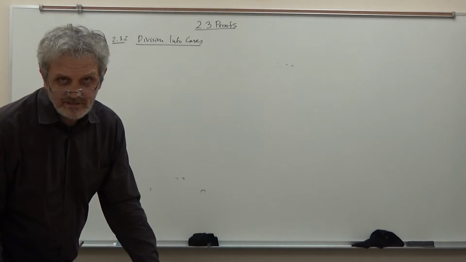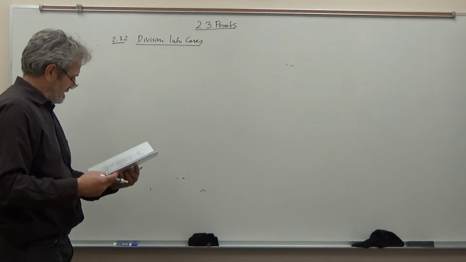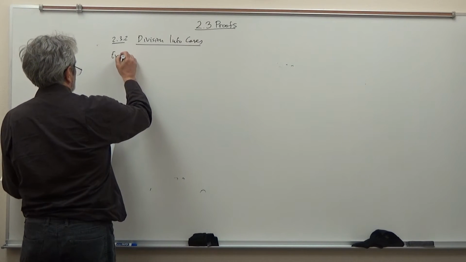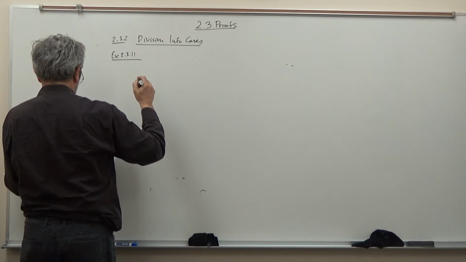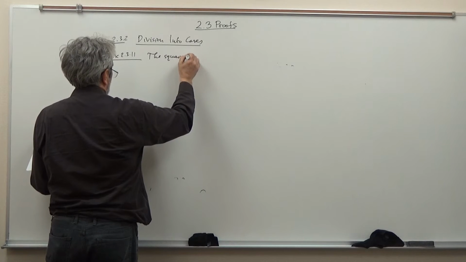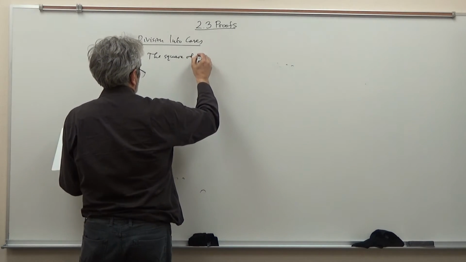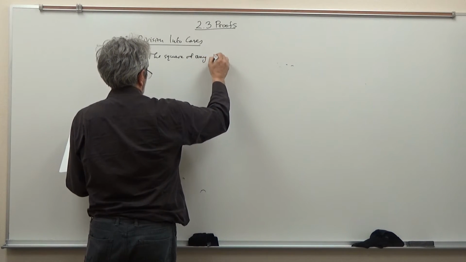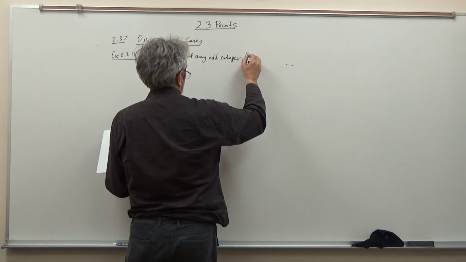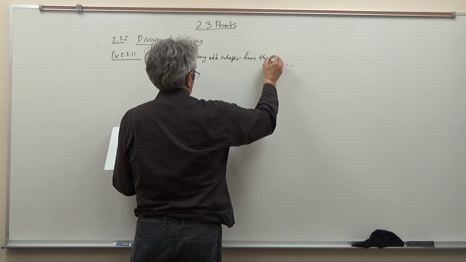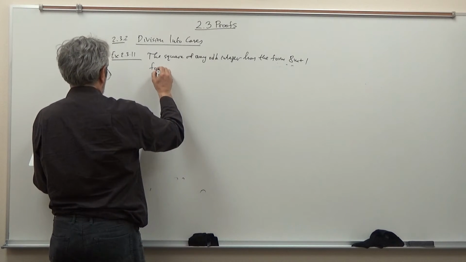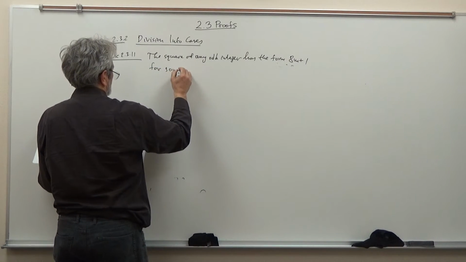So I'll do an example and then I'll formalize the principle. Example 2.3.11 says the square of any odd integer has the form 8m plus 1 for some integer m.